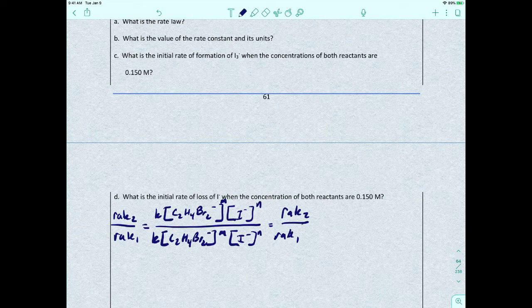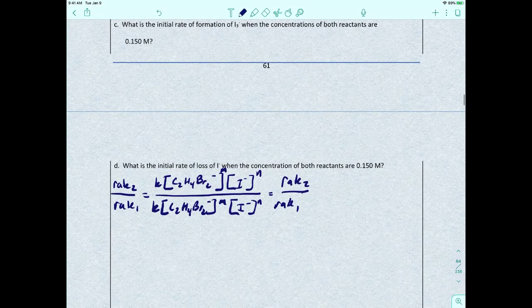Now we know that the concentration of I minus is going to be the same for both of these experiments. So we've got the rate constant k. I'm going to write this out. We've got the rate constant k times the concentration of C2H4Br2 at experiment 2.